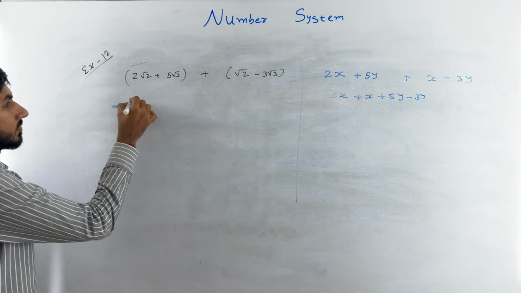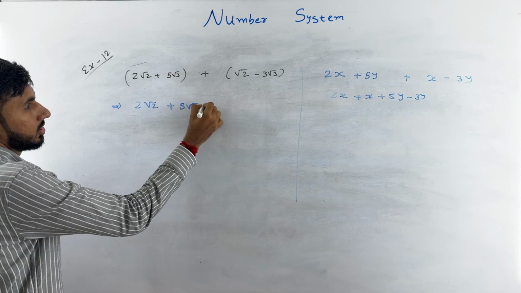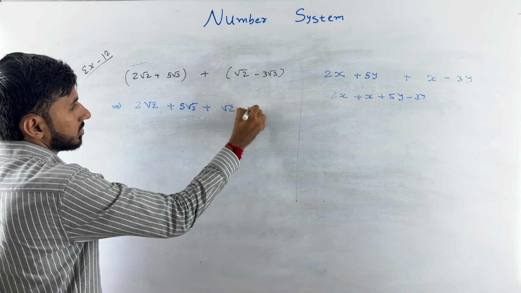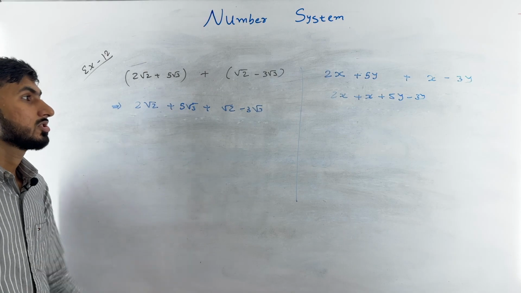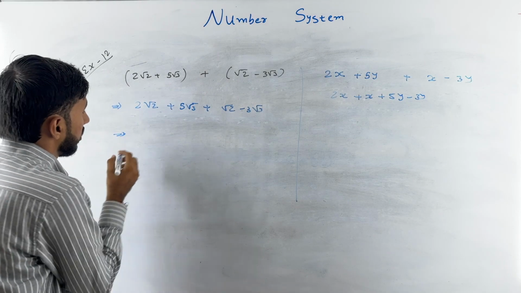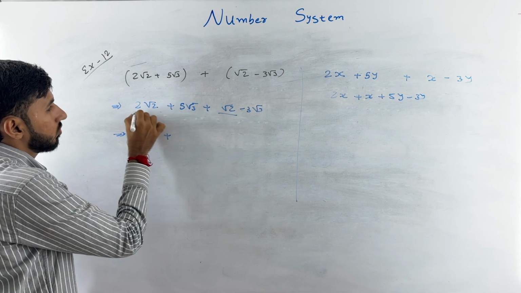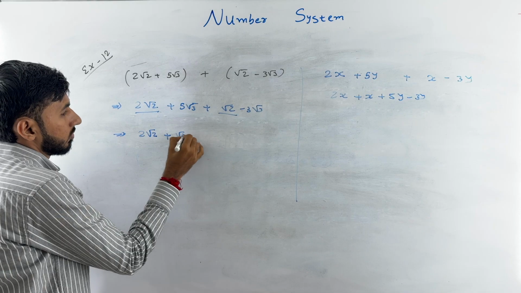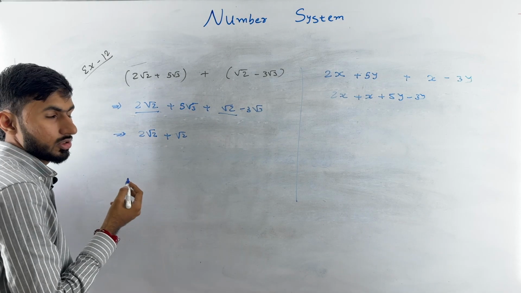Here we will do the same. 2 root 2 plus 5 root 3 plus root 2 minus 3 root 3. Now we will rearrange this question in such a way that we can take a common number out. So let me take 2 root 2 plus here root 2 and root 2. Here we have the possibility to take out root 2 as common. So we will put these two together.